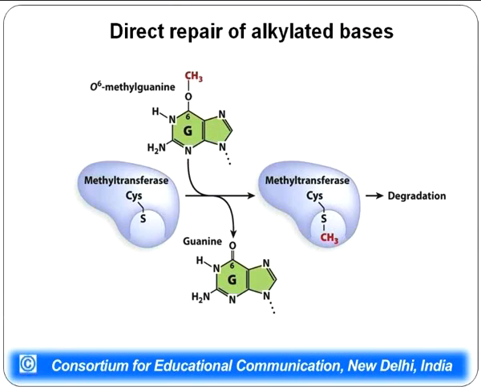Once the alkyl groups are removed and the damage has been undone, these methyl transferase enzymes will be degraded, and these degraded products will be the signal for the cell to stop expressing the methyl transferase enzyme.